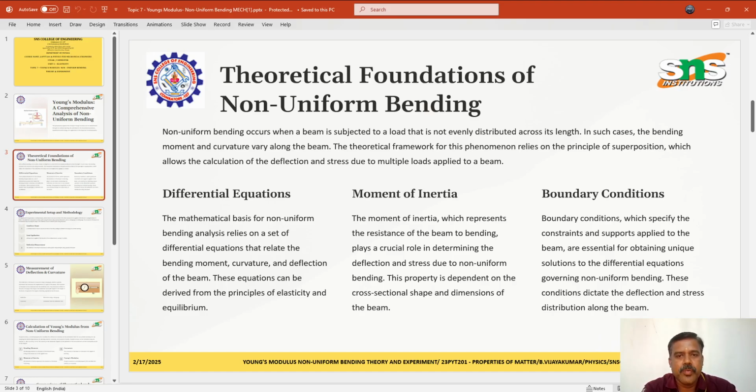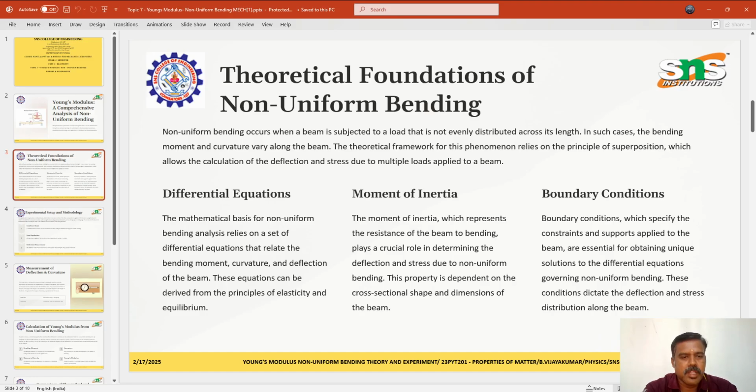Theoretical foundation of non-uniform bending: when a beam is subjected to a load that is not evenly distributed across its length, the bending moment and the curvature vary along the beam. The theoretical framework for this phenomenon relies on the principle of superposition, which allows the calculation of the deflection and stress due to the multiple loads applied to a beam.